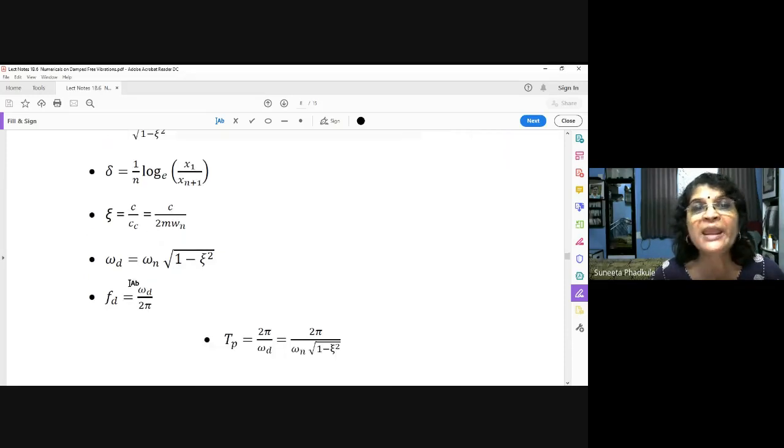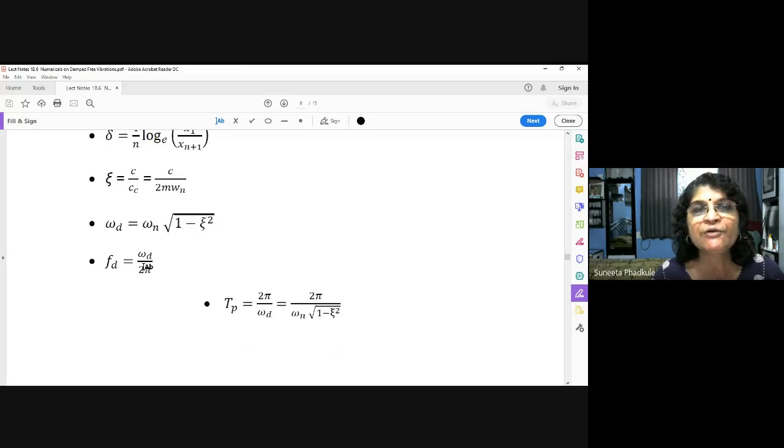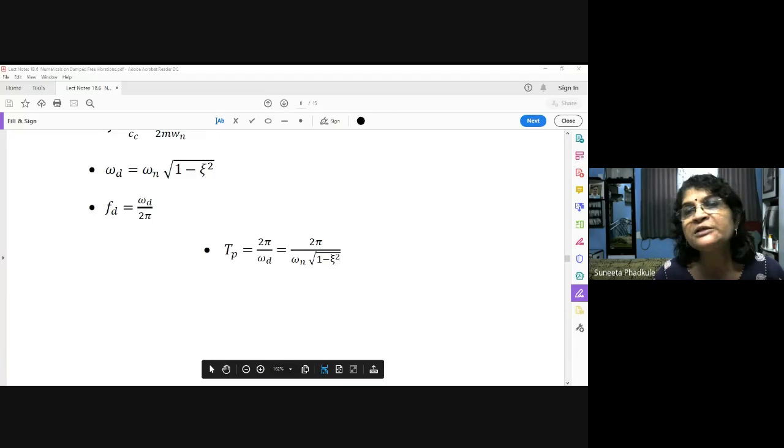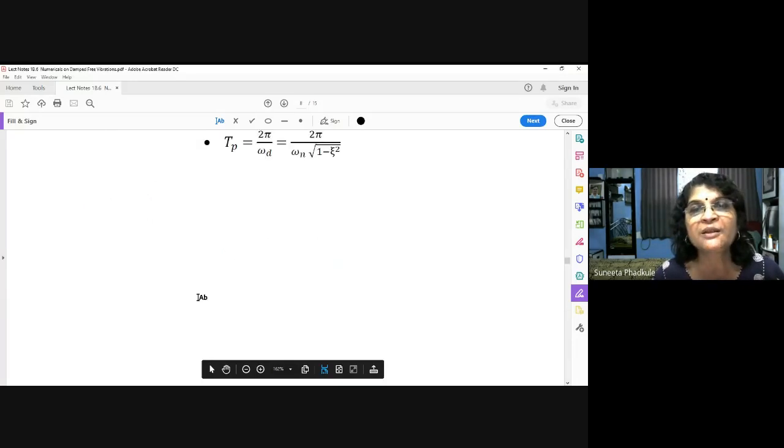Then omega d is equal to omega n square root of 1 minus zeta square, and fd is equal to omega d upon 2 pi. And the last one, time period Tp is equal to 2 pi upon omega d, which is equal to 2 pi upon omega n square root of 1 minus zeta square. So these are the formulae we require to solve the further problems.